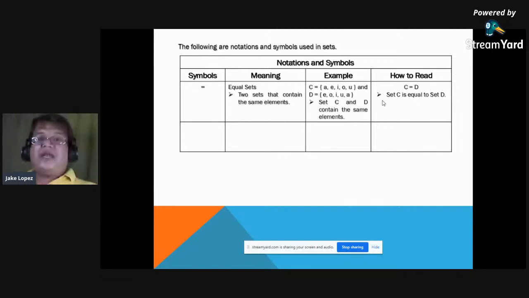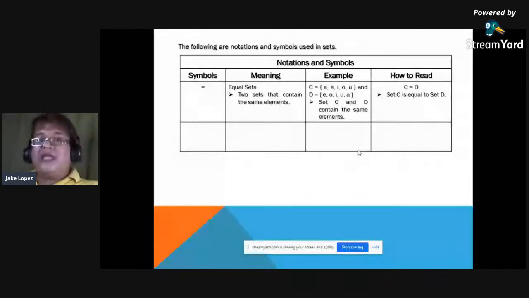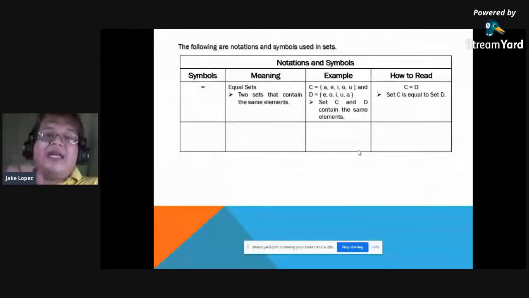Pag sabihin natin equal set, pareho silang elements na nasa loob. Therefore, set C is equal to set B. Pag sinabi natin equivalent set, meaning ang number ng elements ay pareho, while sa equal sets ay magkapareho yung actual elements nila.